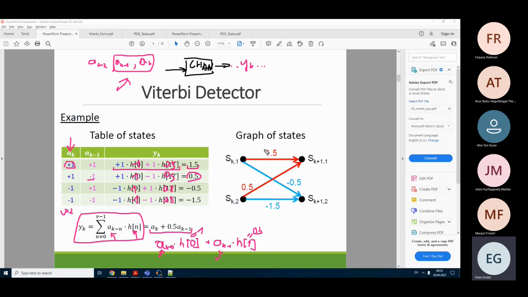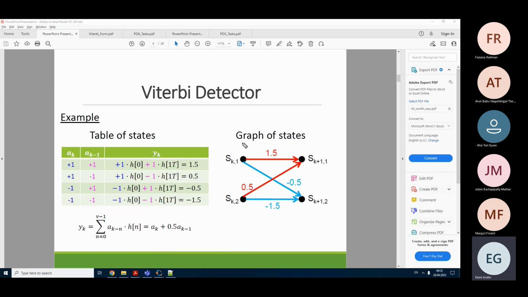Here we can plot all these states in the form of a graph of states, as this diagram, which is very important for the operation of this Viterbi algorithm. I will show you next lecture today in our practical part how to solve this for your specific parameters.